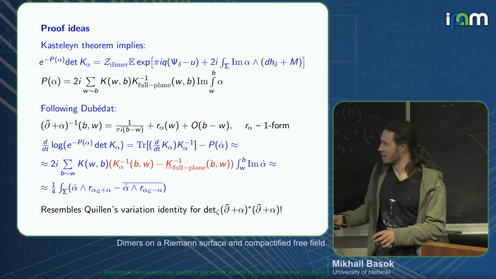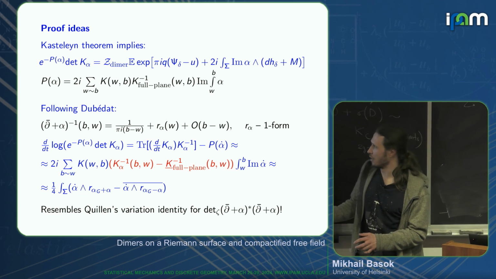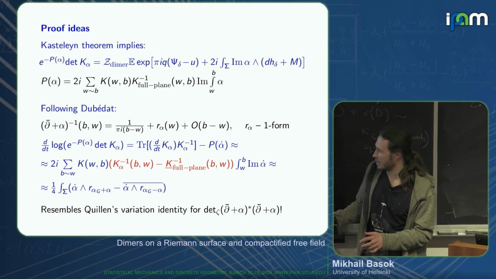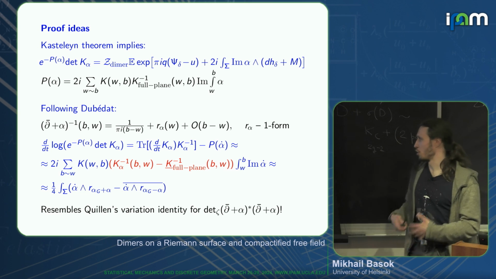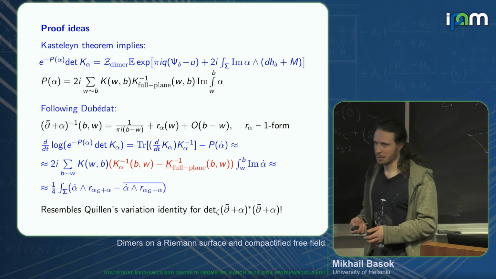So in the end, we see that this Cauchy-Riemann operator, normalized by this factor, we should think that it converges to the determinant of the corresponding Dirac operator, in a sense.